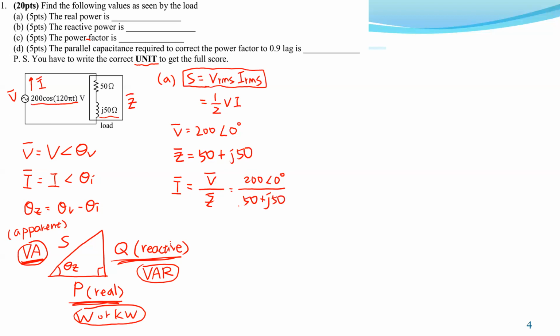For division of complex numbers, we must convert everything to polar form. The numerator is already in polar form, and the denominator in polar form is 50 times square root of 2 at 45 degrees.